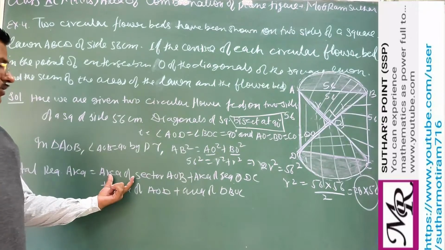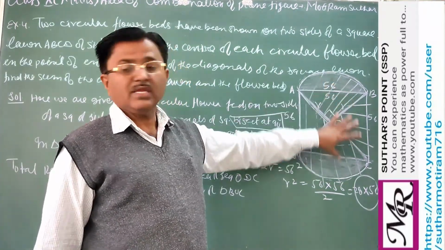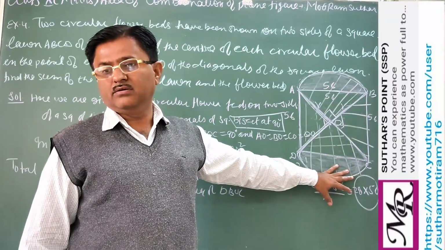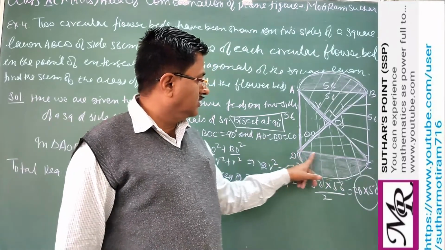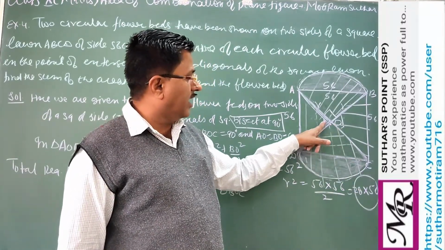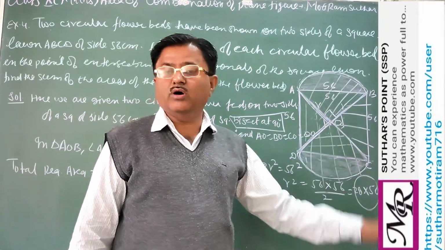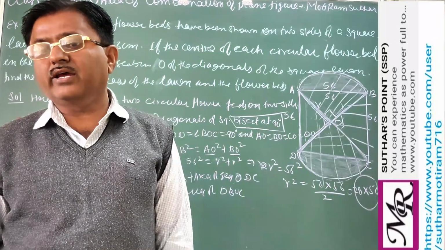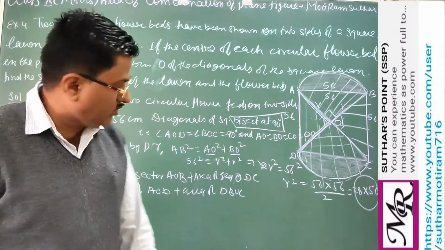Now you can use the formula. You see both sectors are identical or the same. Why? Because both have the same central angle of 90 degrees, and the radius of both is equal. So if the radius and central angle of any sectors are equal, then their area is also the same.